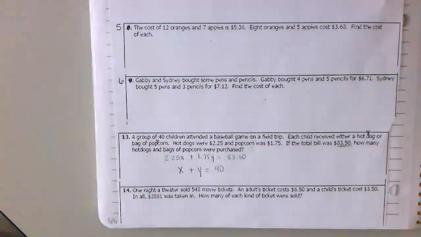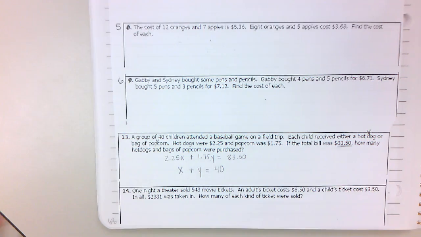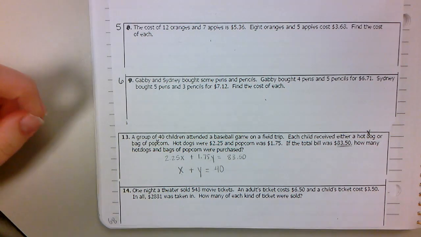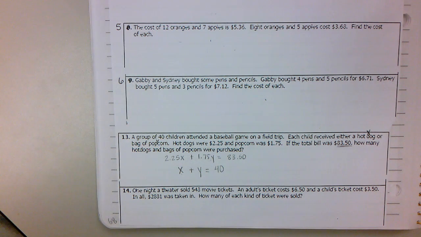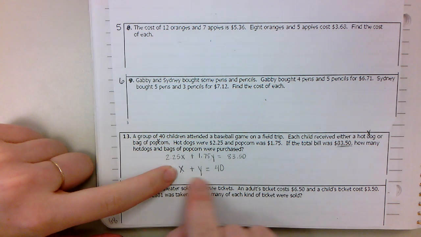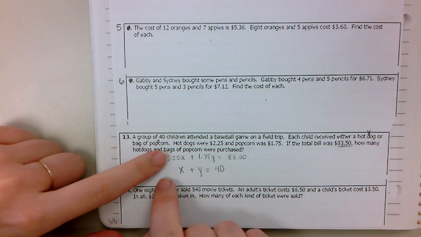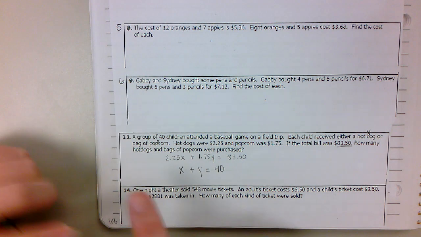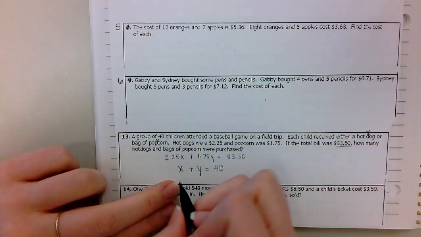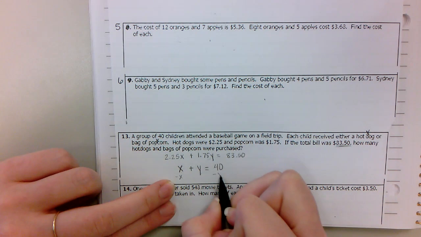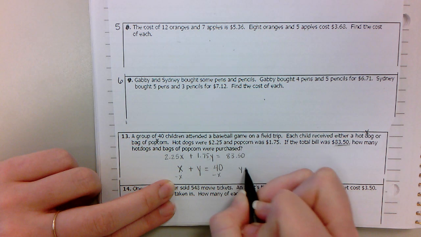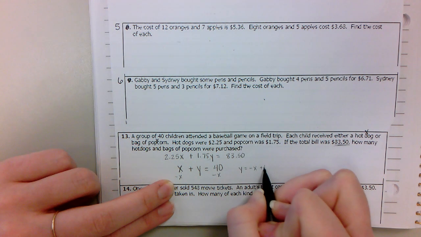And then I would solve them either, sorry about the light, by substitution or elimination. Now to me, I think elimination would be harder with this one because I'd have to multiply one of these equations by 2.25 or by 1.75 to get them to equal the same number, and that's just a lot. When, if I just move this X to the other side, I'll end up having Y equals negative X plus 40.